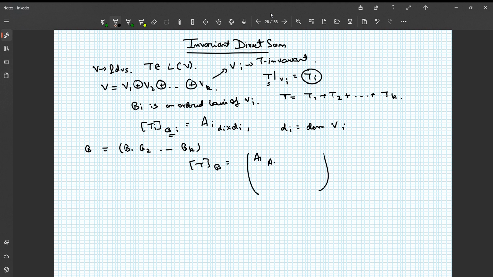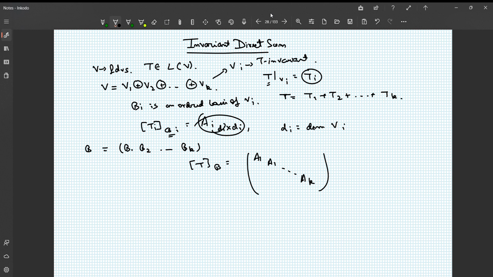It's of the block diagonal form A1, A2, till Ak, where each of these Ai's are these matrices. This is what we had studied previously.